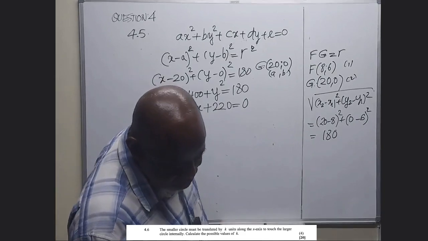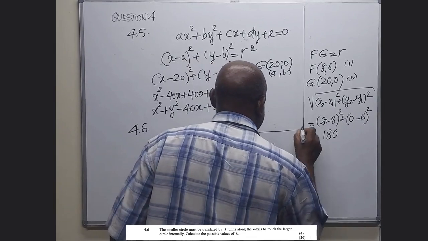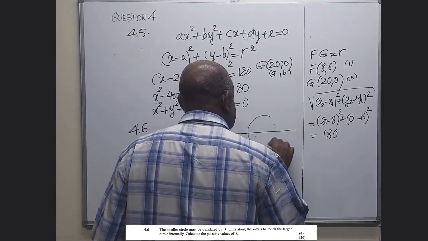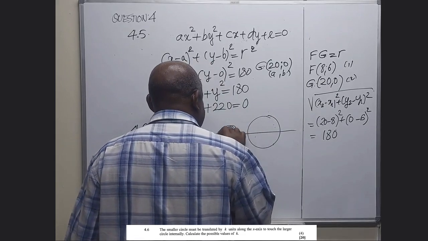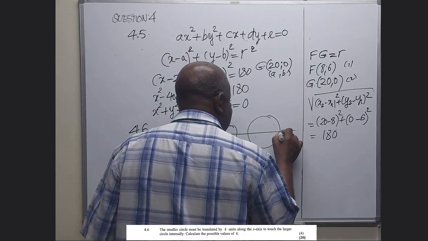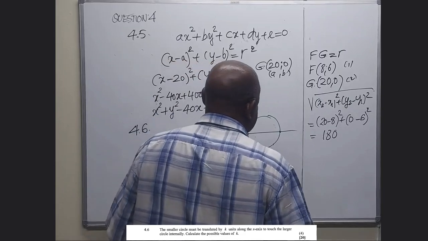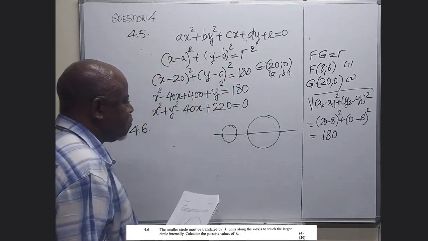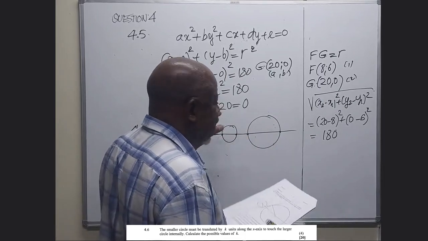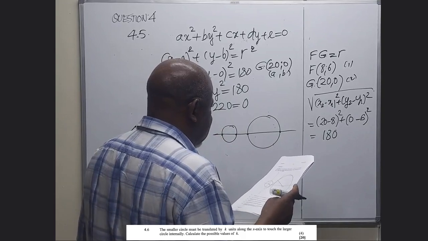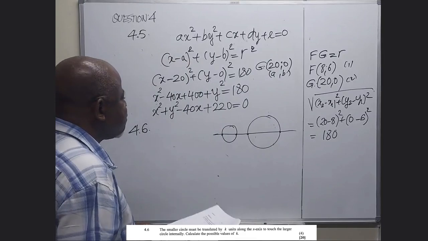To get the value of k, we need, let's say here is our larger circle, here is our smaller circle. We need to get the coordinates of the points of intersection of the x-axis and these two circles. How are we going to get this?